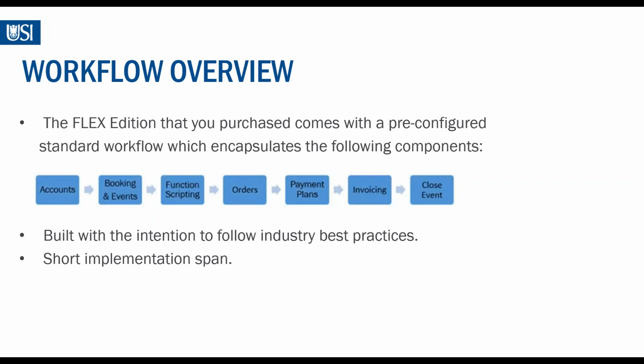Typically we don't get an event booking the week before an event, so there will be a series of payments. So essentially putting those orders onto a payment plan where we can then issue a breakdown of invoices. So being the deposit, a second installment, a third installment, however many payments, but those orders all sit within this one payment plan, and we can then follow on to the next invoicing from that.